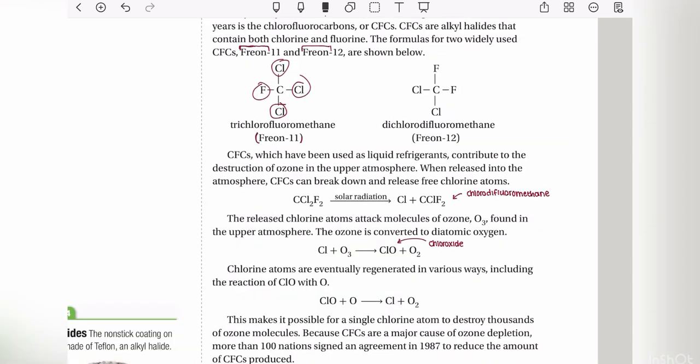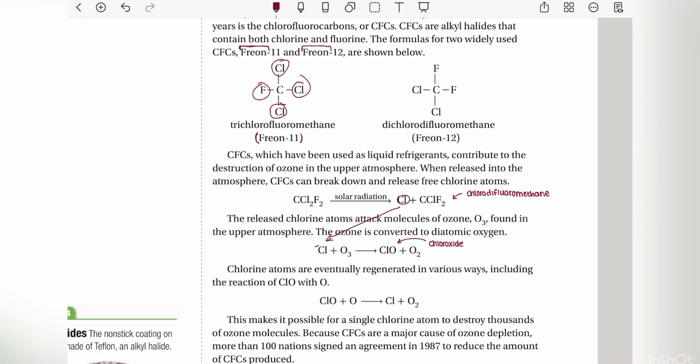And this happens because when chlorofluorocarbon first decomposes into a chlorine atom and chlorodifluoromethane, this one chlorine atom will start harming the ozone layer. So here it will react with the ozone layer.